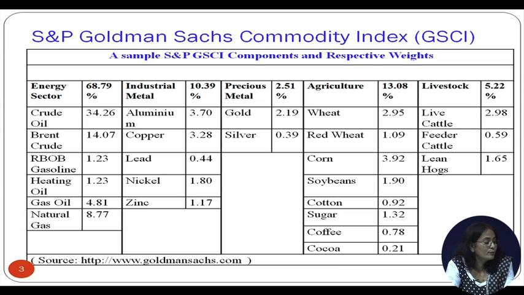If you can see the detail given on this screen, it has commodity futures contracts trading from 5 different sectors: energy, industrial metals, precious metals, agriculture and livestock. In the energy sector, you have crude oil, Brent oil, RBOB gasoline, heating oil, gas oil, natural gas, etc.